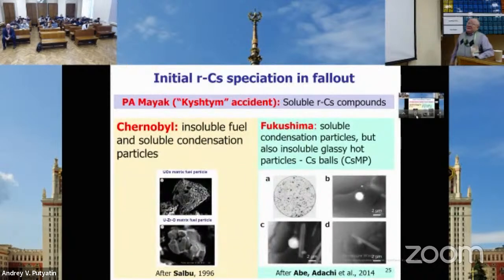Okay, I told you about the fuel particles in case of Chernobyl. Soon after the Fukushima accident, also hot particles, so-called cesium balls, were identified and studied.